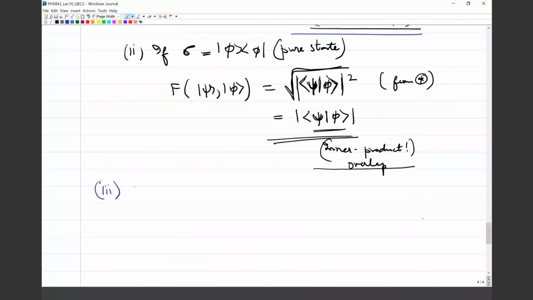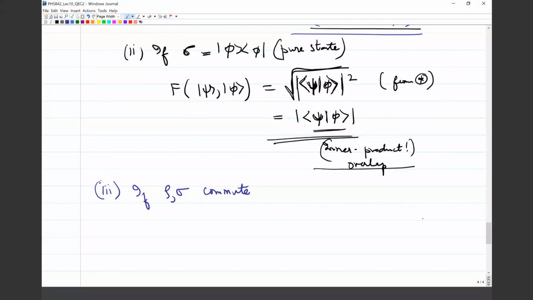So if rho and sigma commute. If I have to claim that this is a measure, then this number has to have some reasonable limiting cases. It should lie between 0 and 1 and things like that. So does it do that? I will leave some of these things as a tutorial for you, but I just want to point out a few things.